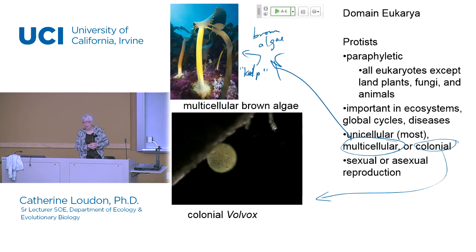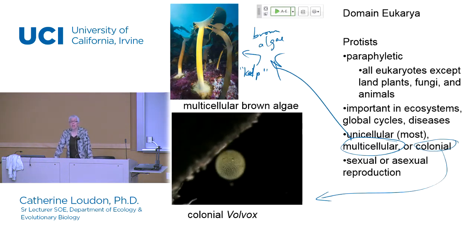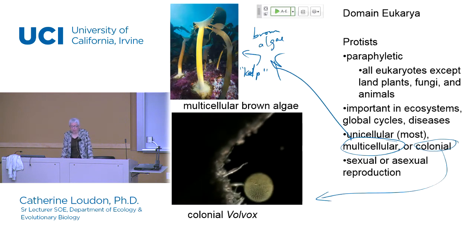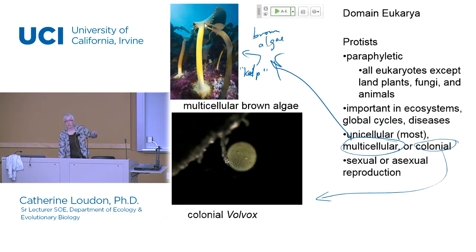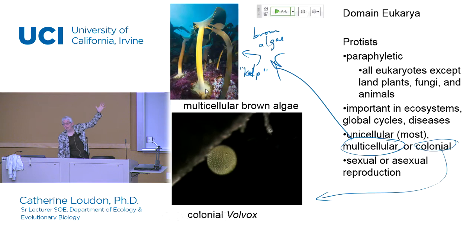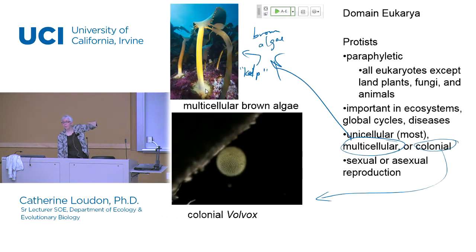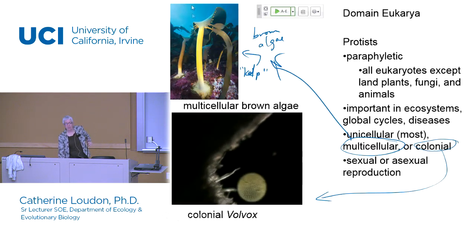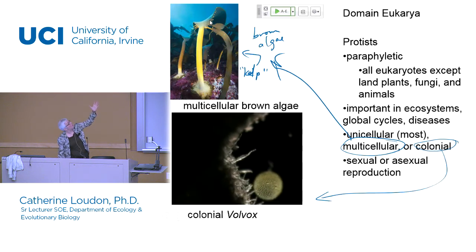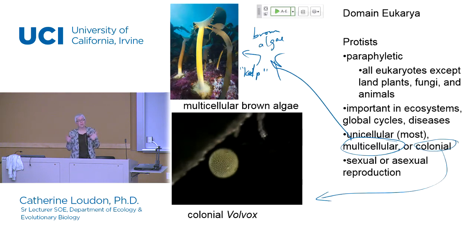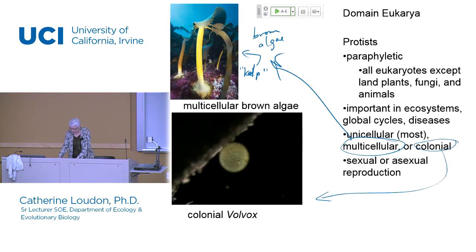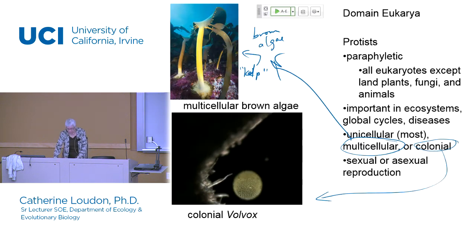These are protists, and they're very large, and they are multicellular in the true sense, meaning that the cells from different parts of the body are distinct from each other. They have differentiated. So a cell in the holdfast that attaches the kelp to a substrate is completely different in structure and characteristics than a photosynthetic cell higher up on the frond, for example. So that's the difference between a multicellular and a colonial organism: the extent to which the cells are differentiated from each other. That's the main thing.